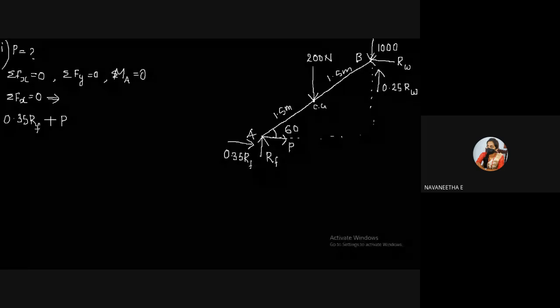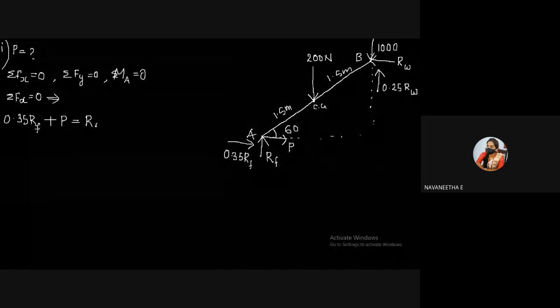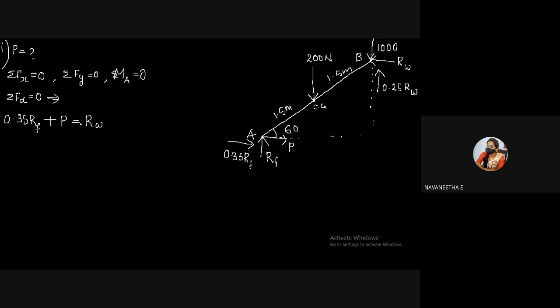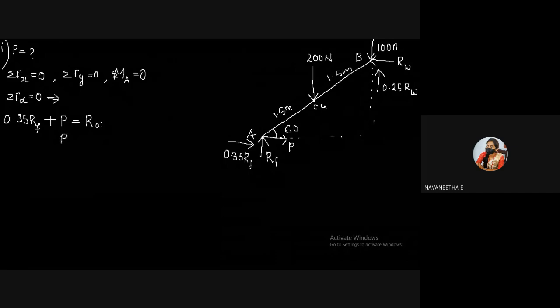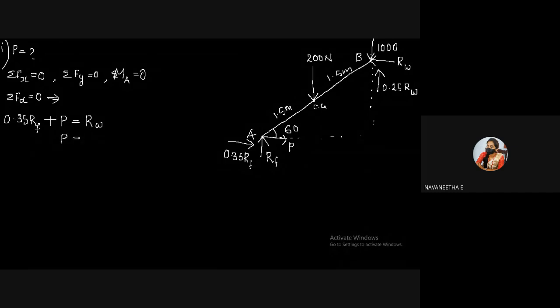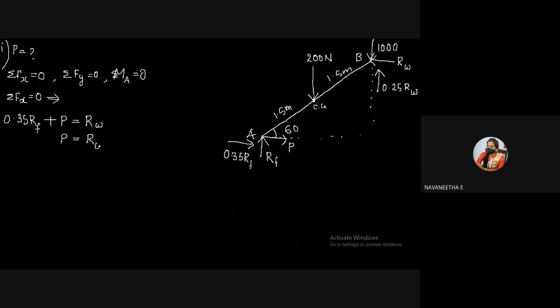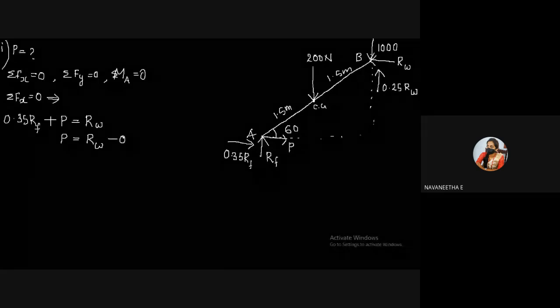So we can put RW on the right hand side of the equation. Since we have to find the force P, we can take 0.35 RF to the right hand side of the equation. So it will be P equals RW minus 0.35 RF.